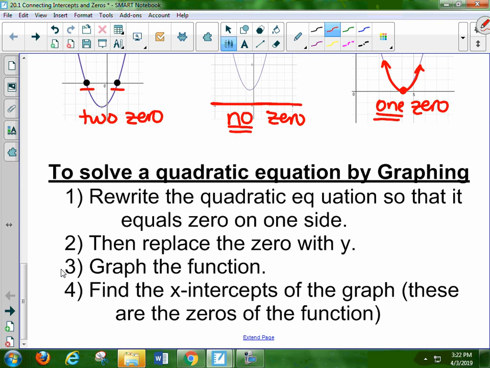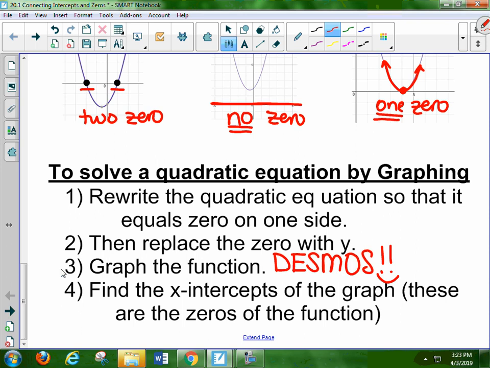And again, I've asked this question a lot, but hopefully you do this: where do we go to graph? In this case, I hope you answered to yourself, we go to Desmos. Desmos is our best friend here with graphing. And when I do that, then I'm going to find those x-intercepts, and those are my zeros. Those are my answers, my solutions.